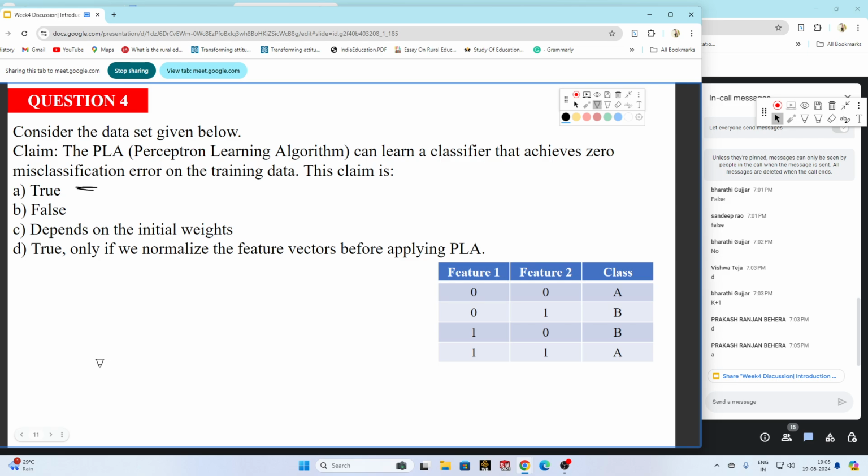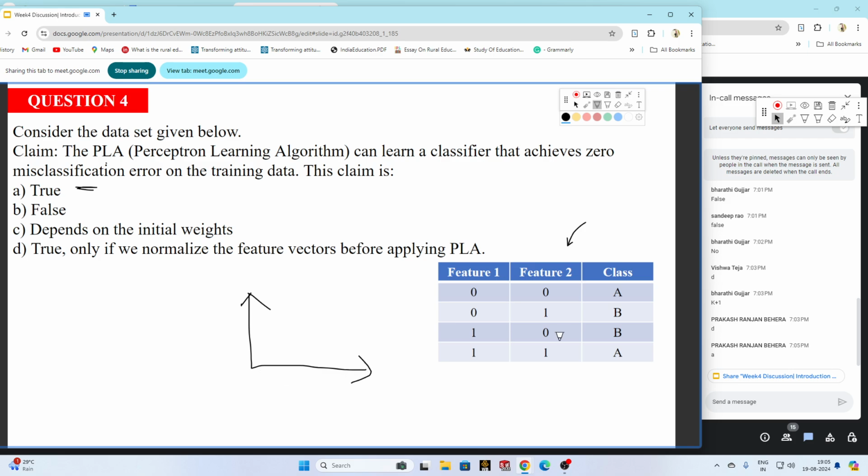So we have to see our data. This is our x1, this is our x2, and this is our class, or you can call it yi. So this is the thing: x1, x2, and yi. Now we will be forming our two-dimension input space.